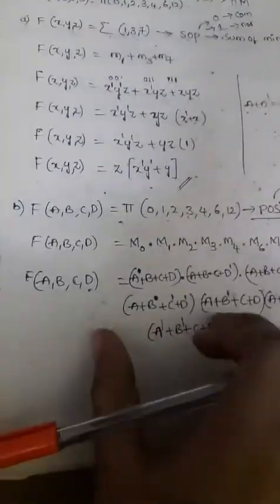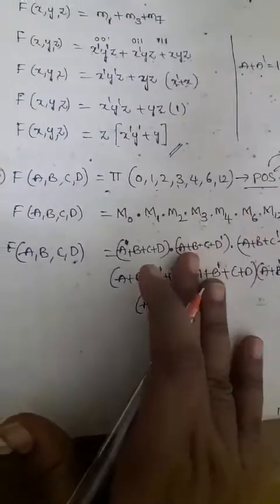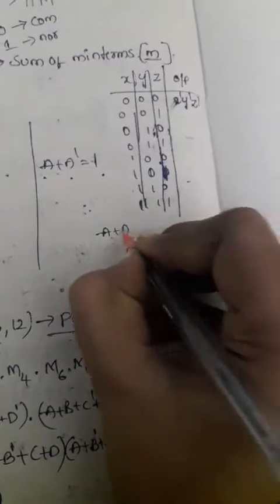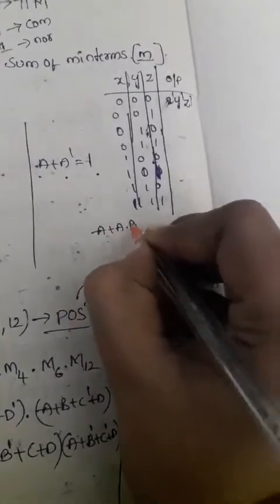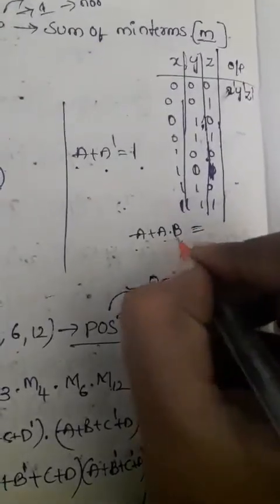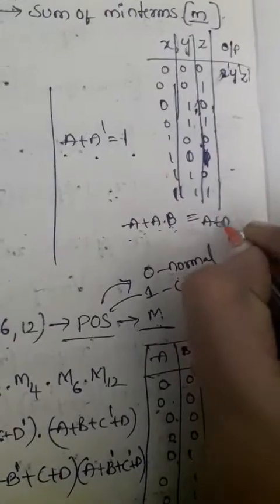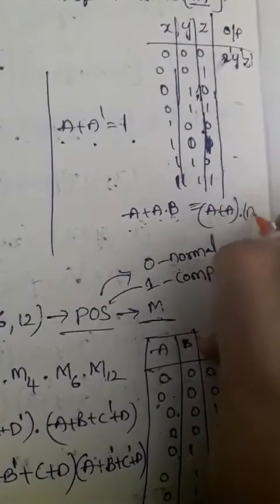So now we have to reduce this equation. How to reduce? By using some laws and theorems. Here I have to use only the distributive law. Why? What is the distributive law actually? Like a plus a into b is nothing but a into a plus b, a plus a into a plus b.